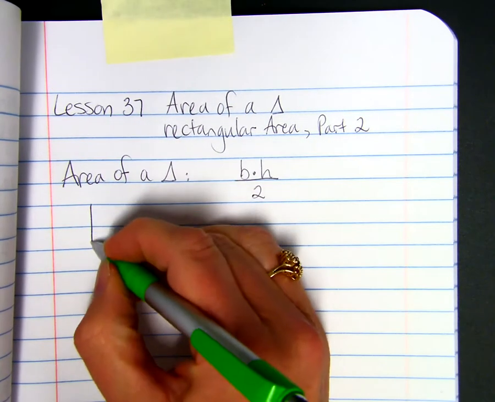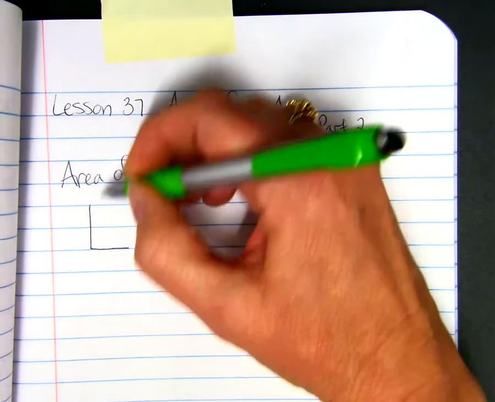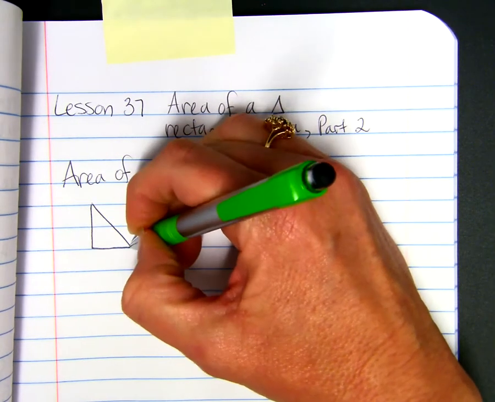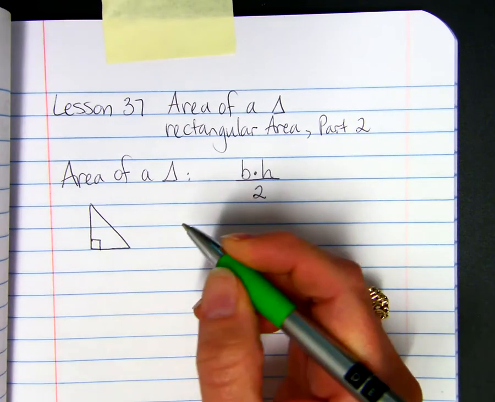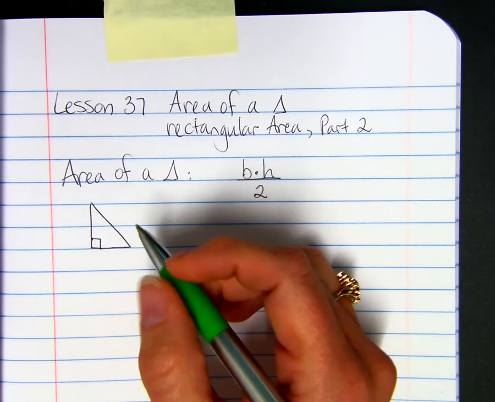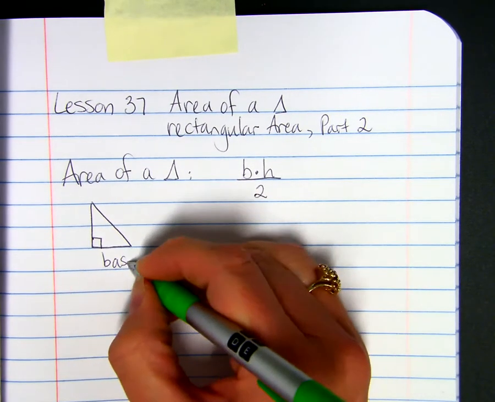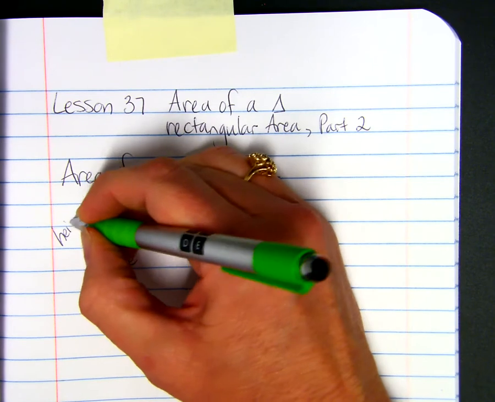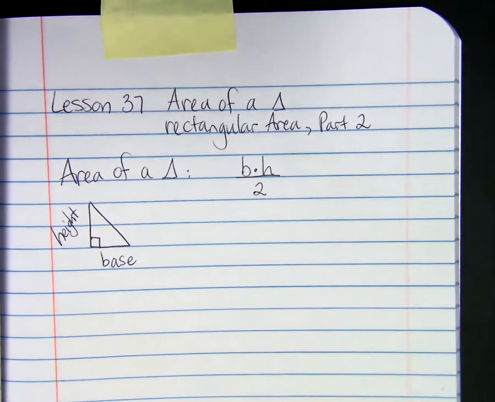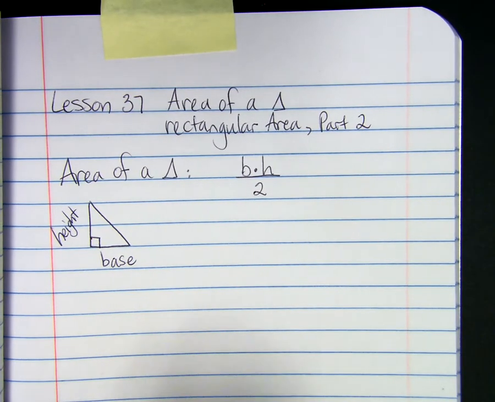So the one thing that you have to remember about the height of a triangle is it always has to be perpendicular to the base. So if you don't have a right triangle, then you're going to have to find the height that is perpendicular to the base.